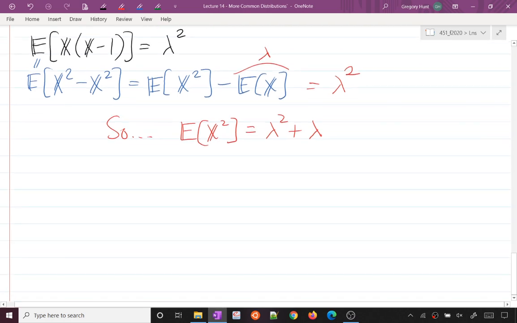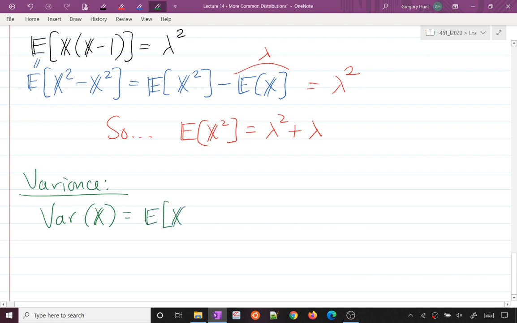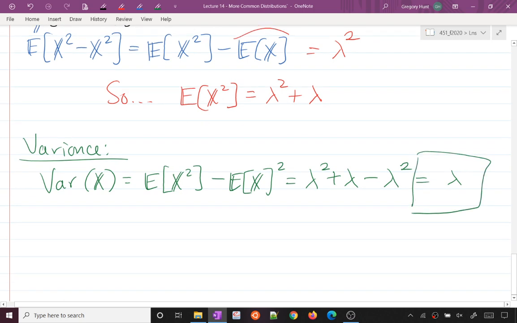And of course, why do we care about the expected value of x squared? We can look at the variance. Now we can use our shortcut formula. I could say the variance of x is the expected value of the square minus the square of the expected value. This is lambda squared plus lambda minus lambda squared, which just gives us lambda. So interestingly, the variance is also lambda.